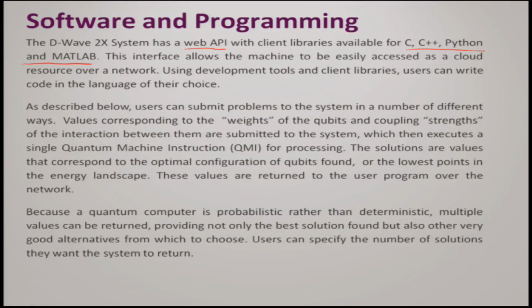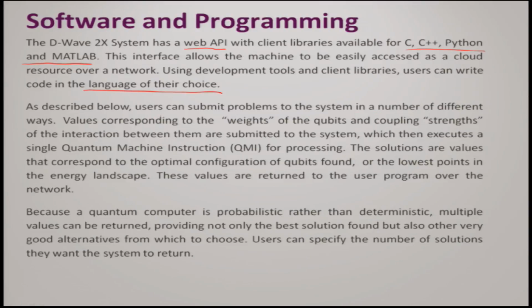This interface allows the machine to be easily accessed as a cloud resource over a network. Using development tools and client libraries, users can write code in the languages of their choice and then interface it with the available ones.